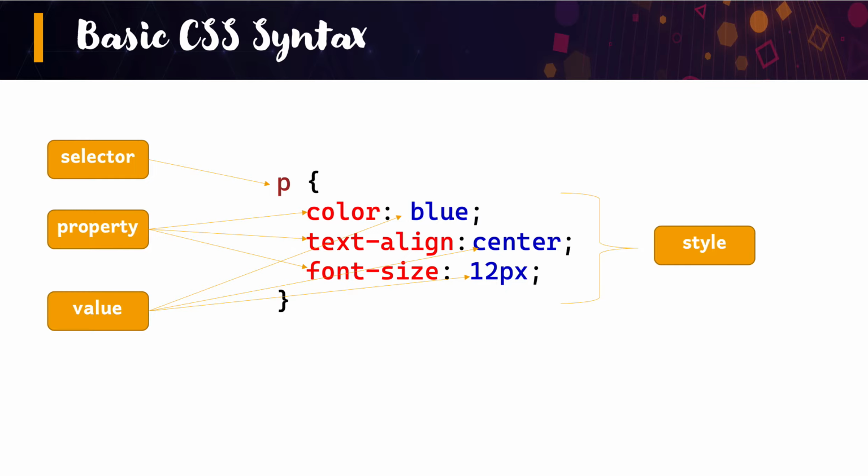Now, if you remember, we said learning HTML is nothing but learning all the tags that are supported, possible, and how they can be used. If HTML is all about learning tags, CSS is all about learning the properties and values. We cannot have an arbitrary property set there.